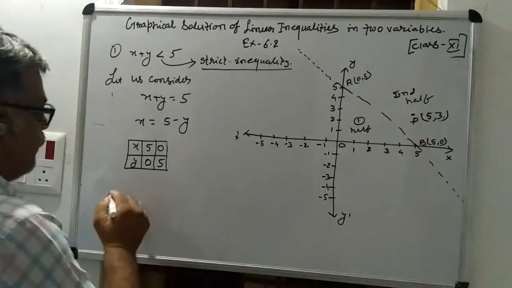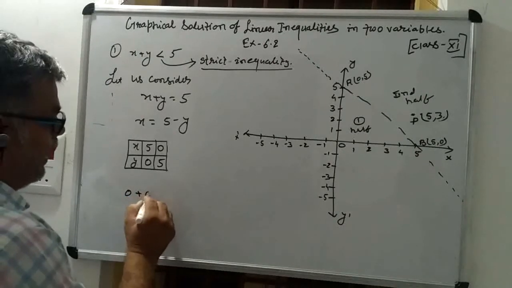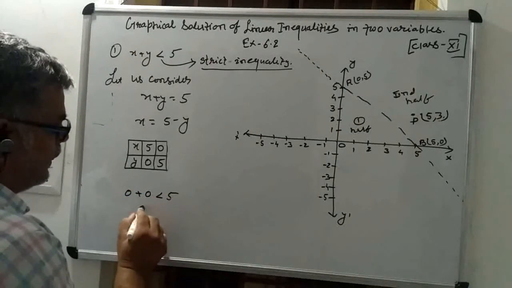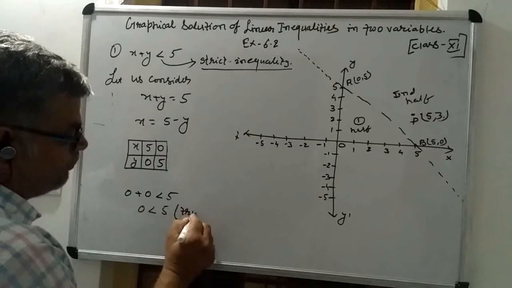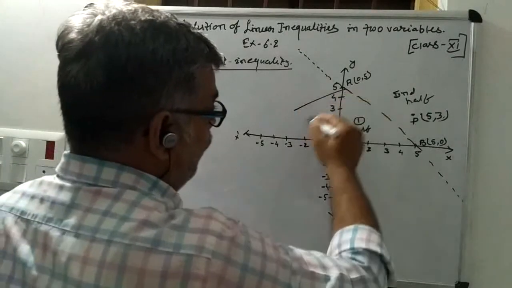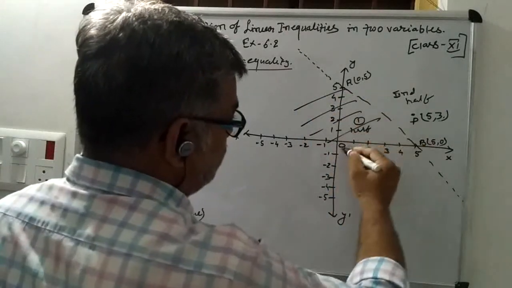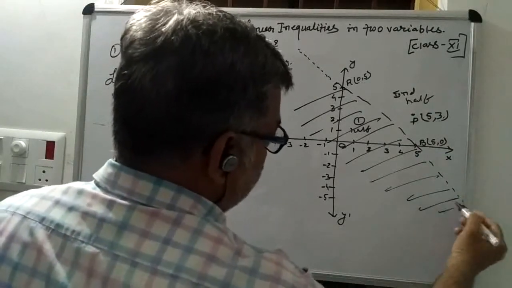So when we take 0, 0 value for x and y, then we see that 0 is smaller than 5, which is true. So in this case, all these areas will be our solution.